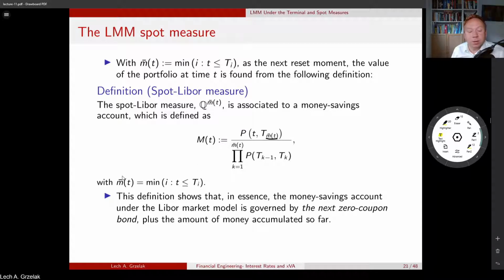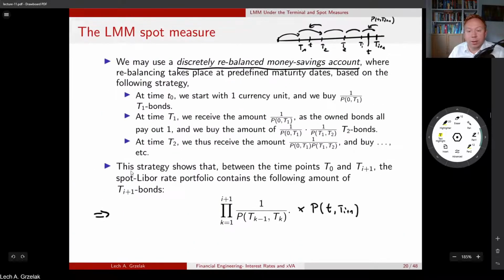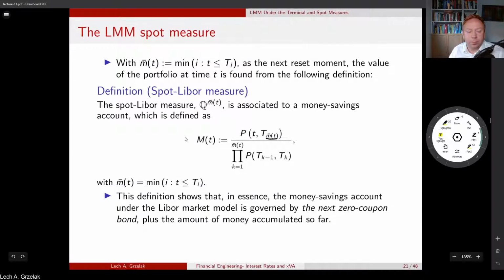This expression tells you that if we are at any point, we always take the first point on the grid of tenors next to t. So the first one after t would be our m(t) index. And this is nicely defined in this way.